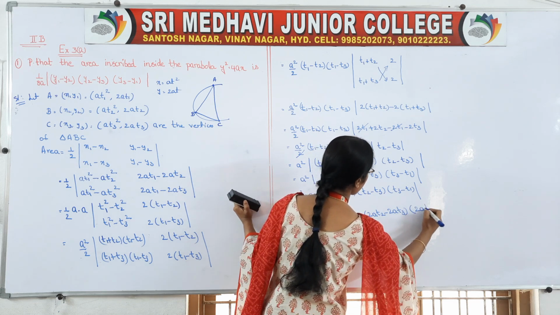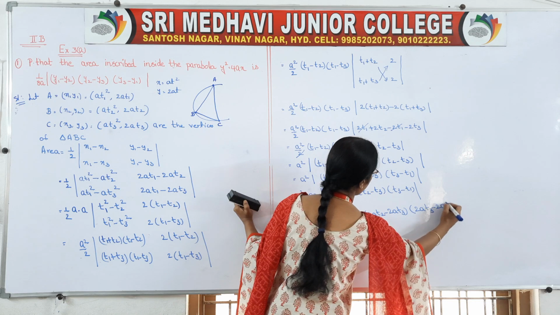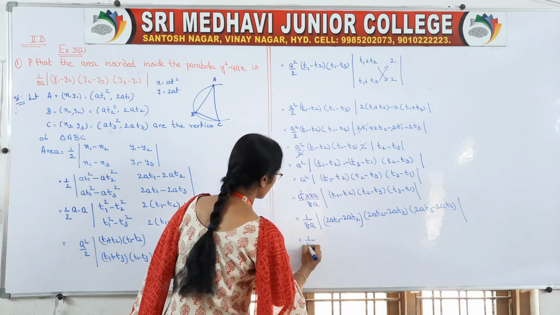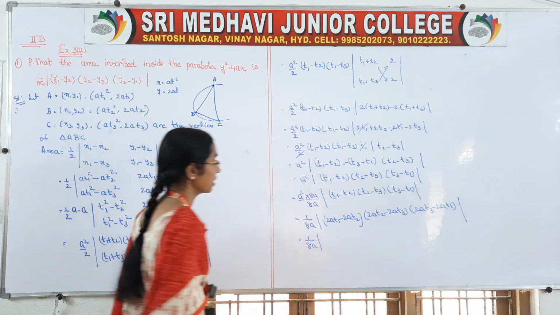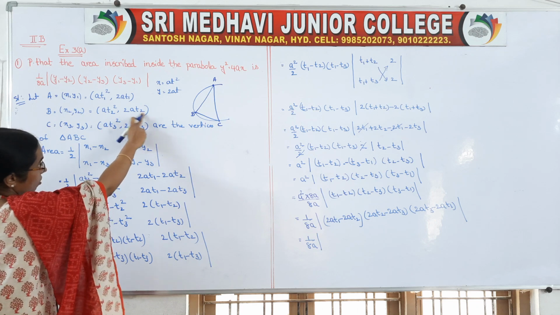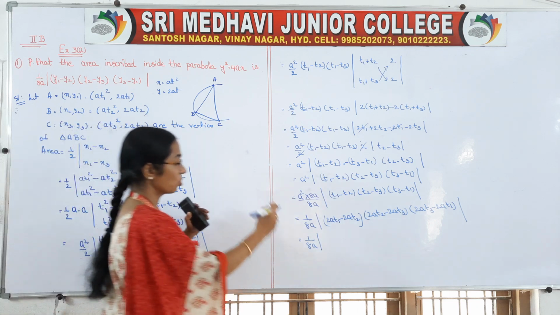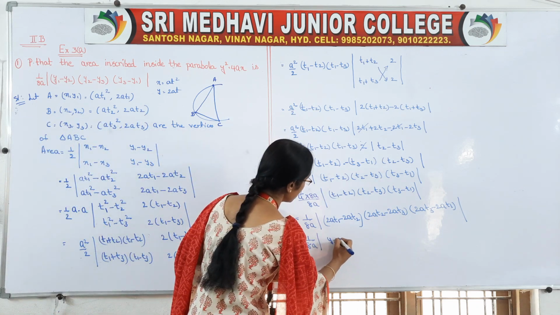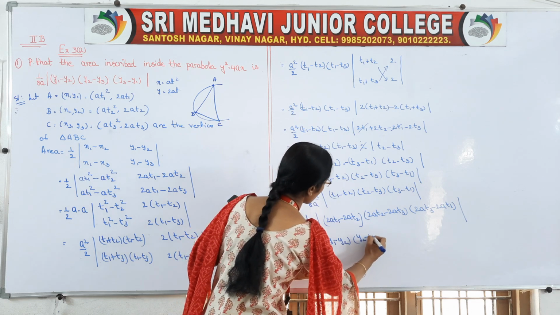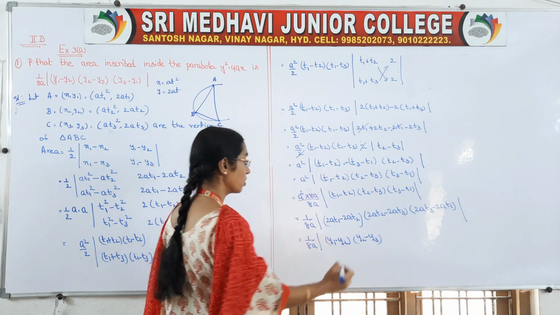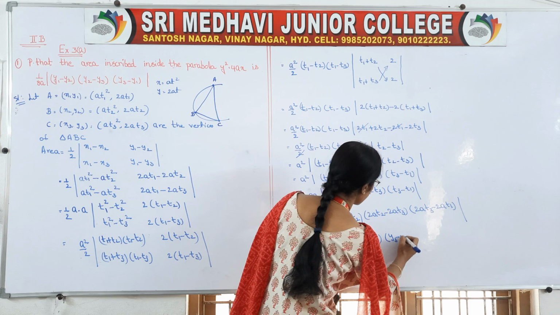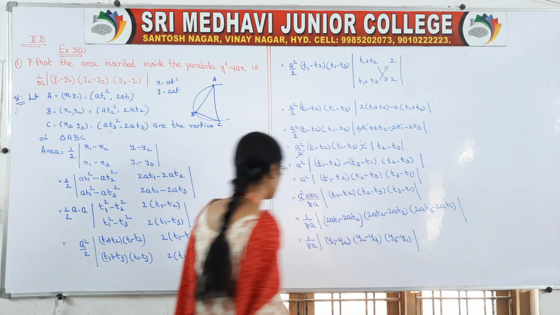Similarly, 2a T3 minus 2a T1. Okay. So now what is this? From the given information, we have taken y1 as 2a T1, y2 as 2a T2. So this is nothing but y1 minus y2. This is nothing but y2 minus y3. Okay. And this is nothing but y3 minus y1. This is what we have to prove.